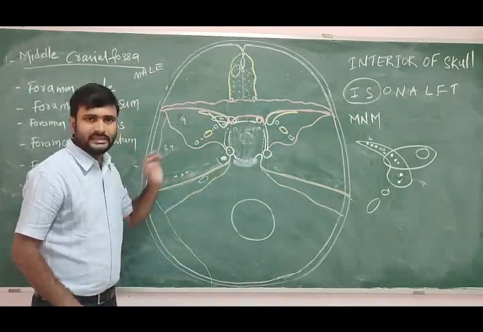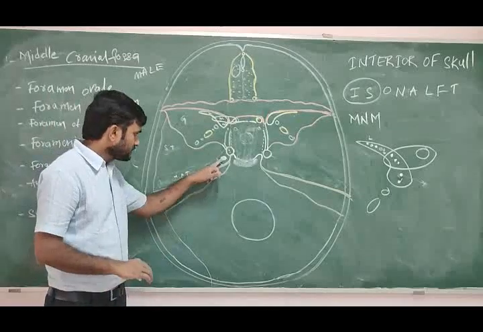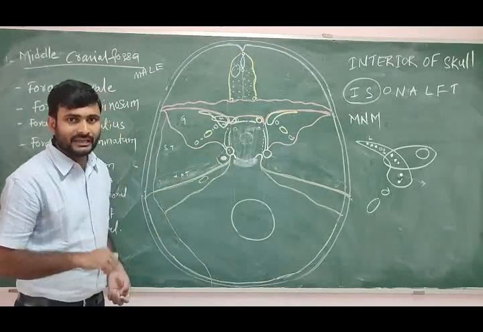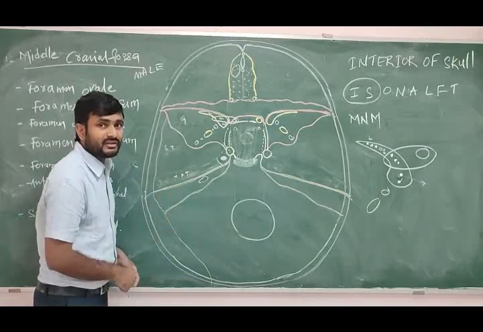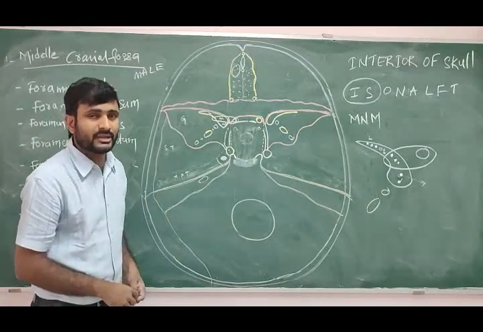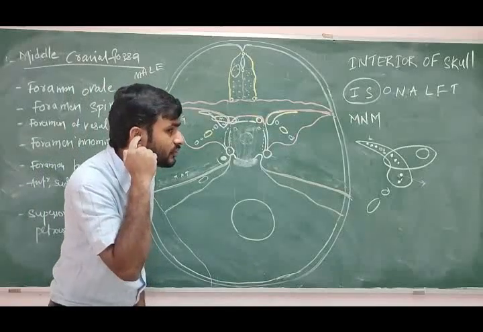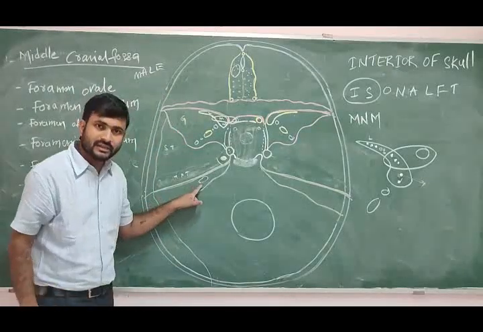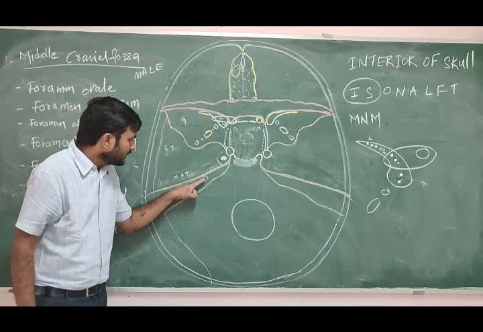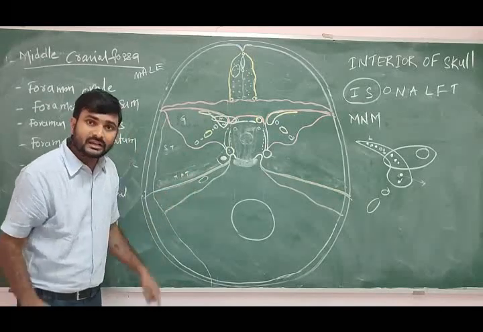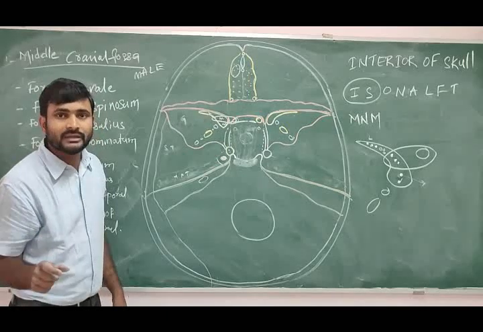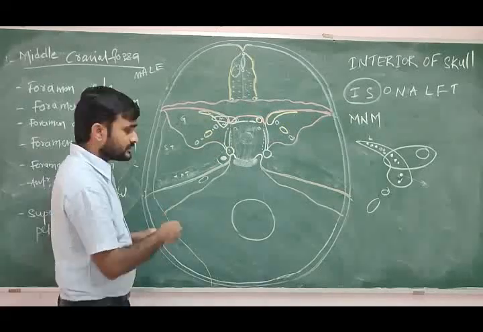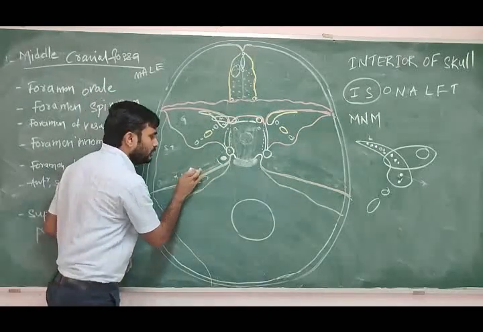Still more laterally, again there is a depression formed by the roof of the internal acoustic meatus. This is the external acoustic meatus, and this is the internal acoustic meatus. The roof of the internal acoustic meatus is formed by one more impression.